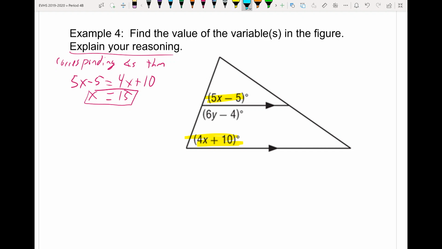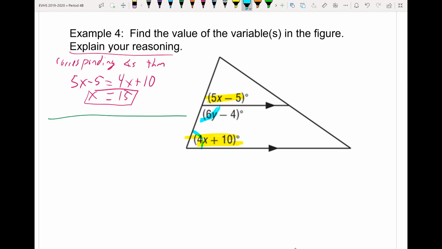All right. What about my y's? All right, so this angle is a... Is it a... No, not corresponding. Consecutive? It's consecutive interior with this one down here, yes.